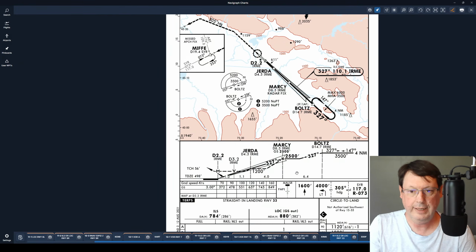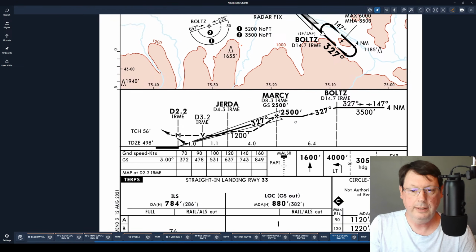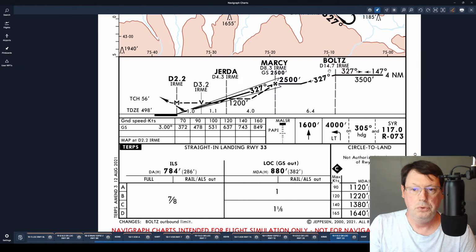So what you would do to fly the localizer is basically the same thing. You come here to Marcy, and the glide slope intercept, the final approach fix right here, this Maltese cross, is the same for the localizer.